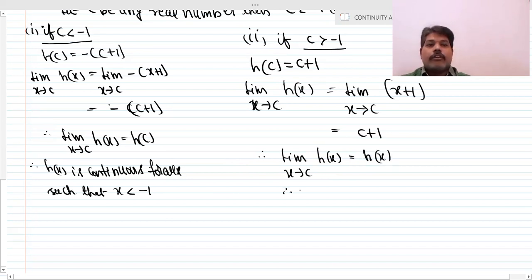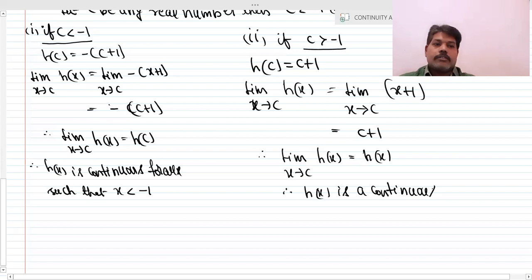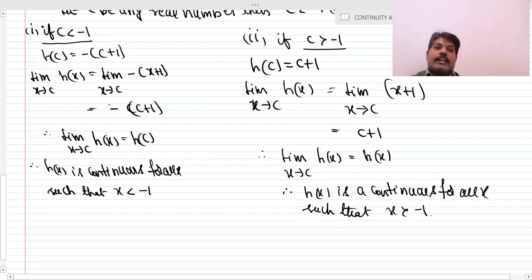So therefore h of x is continuous for all x such that x is greater than minus 1. So this is case 2.